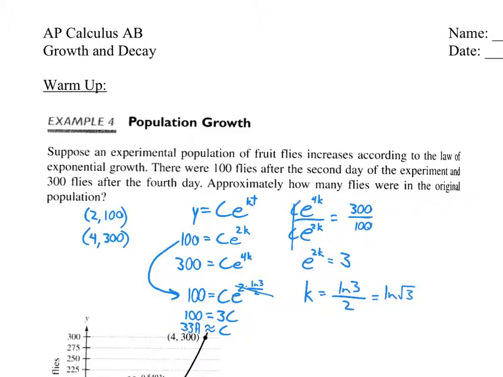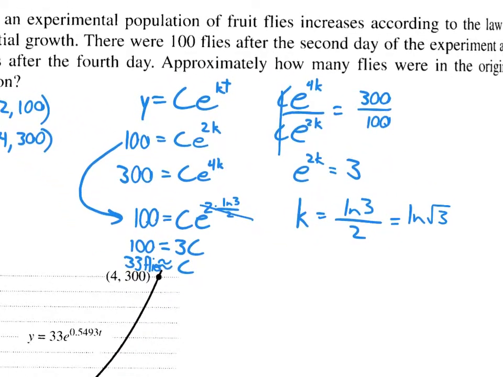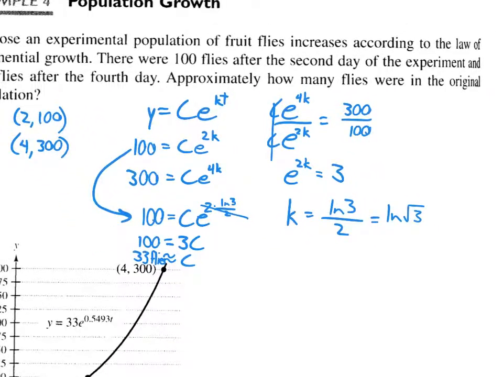Not fleas, flies. Hopefully we don't have 33 fleas. Yes? Since we got e^(2k) is equal to 3, can we just say that 3C is equal to 100? Oh yeah, you could have. Since our main goal wasn't to get the model, our main goal was to figure out C. That's really good thinking, Gloria.